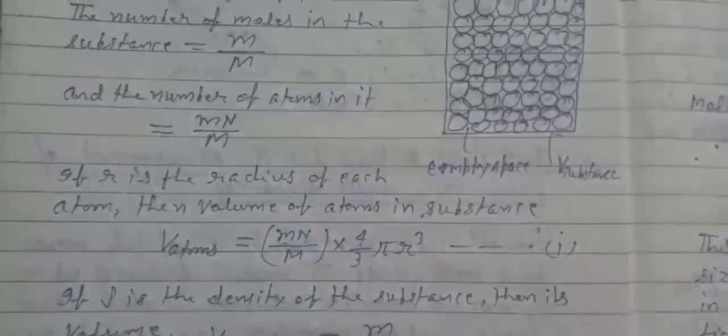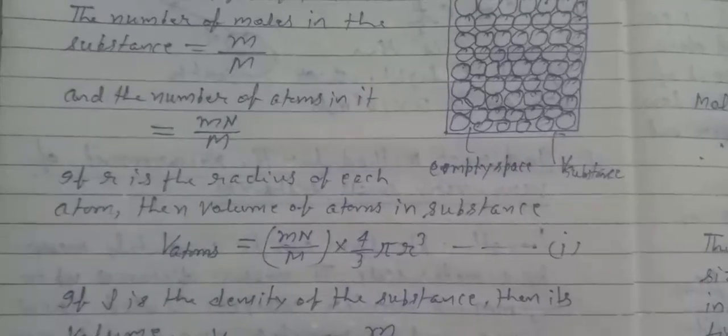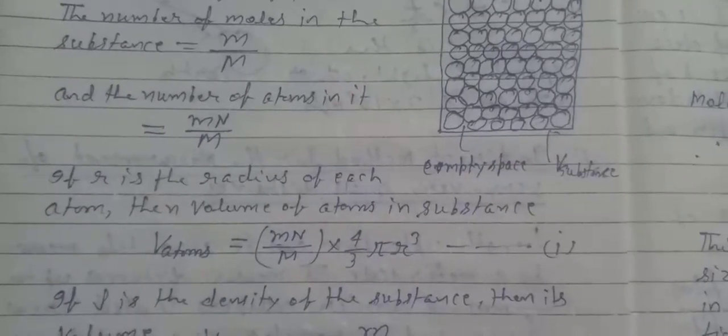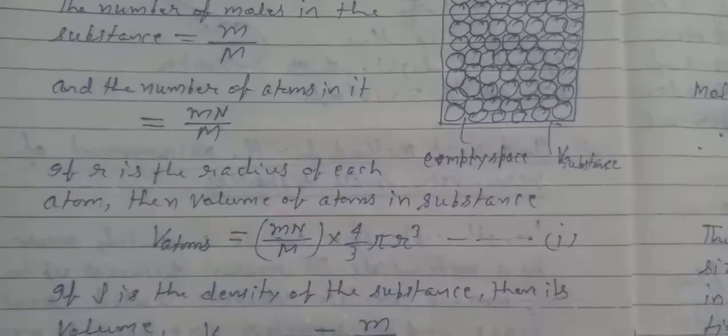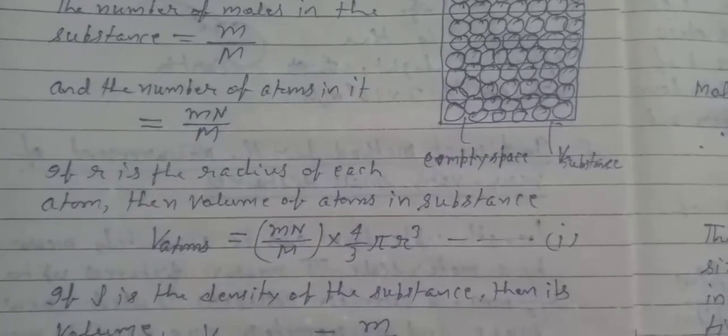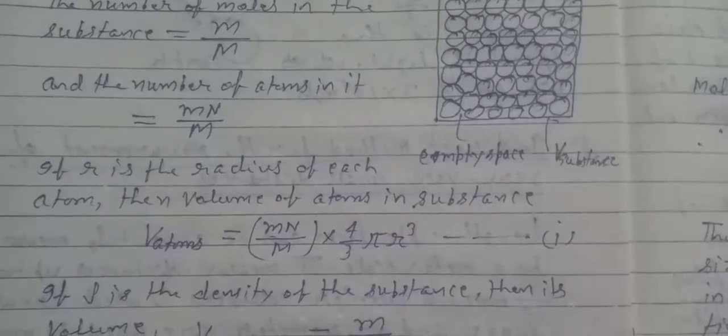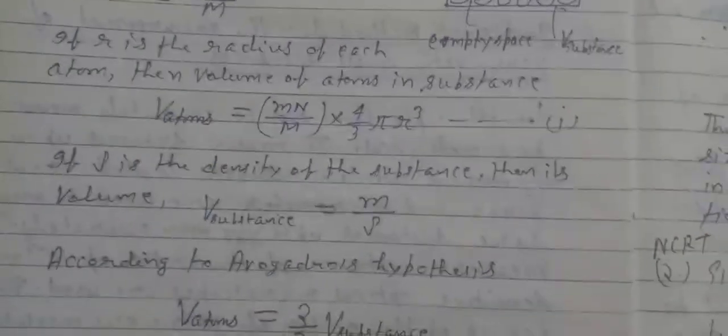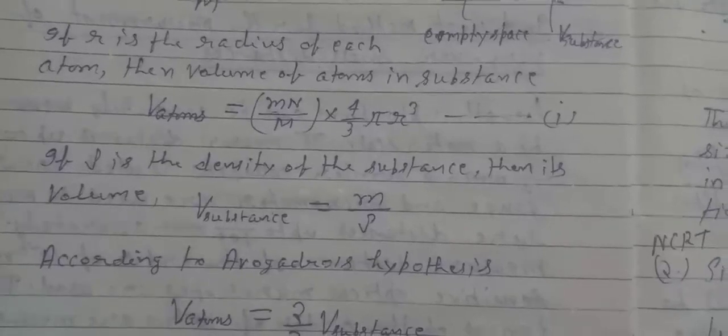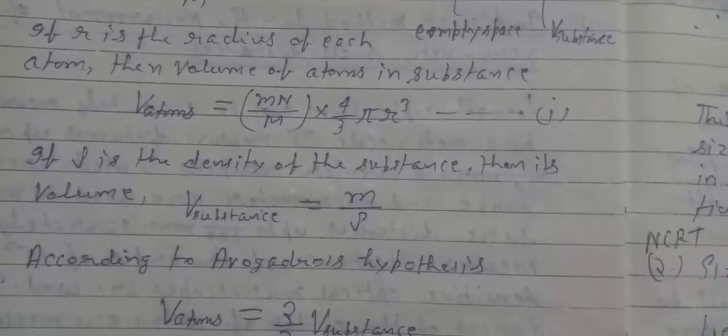If r is the radius of each atom, then the volume of atoms in the substance, V_atoms = (m/M) × N × 4/3 π r^3. Now, if ρ is the density of the substance, then its volume V_substance = m/ρ.